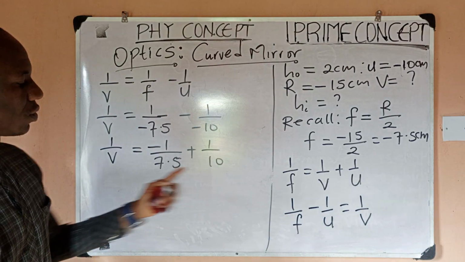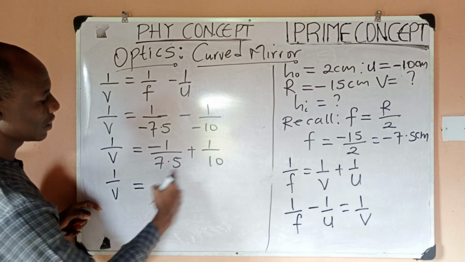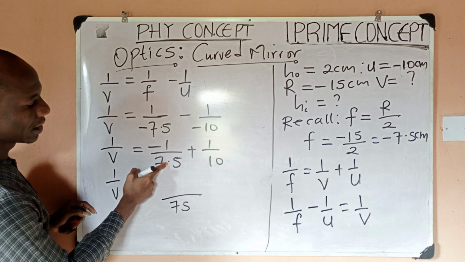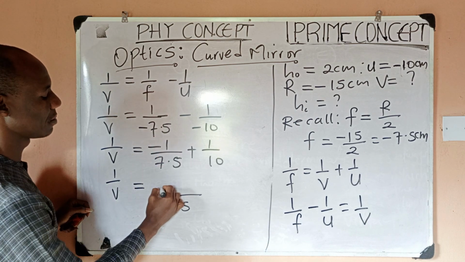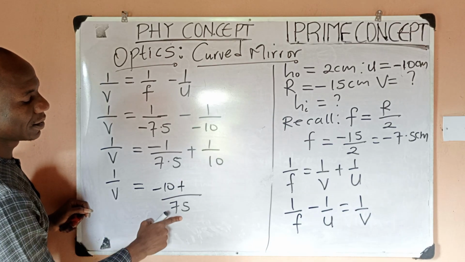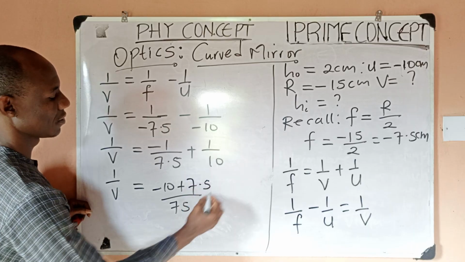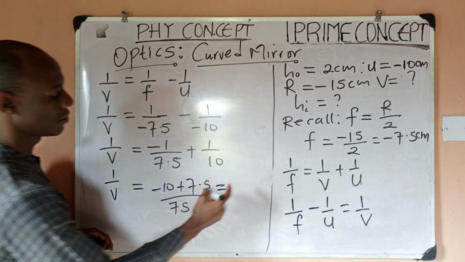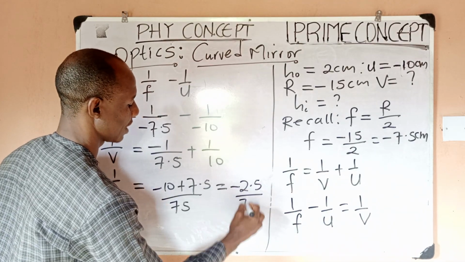Next, I want to multiply this out. The common denominator is 75. 10 times this is minus 10, plus 7.5 times 1 is plus 7.5. Adding up, minus 10 plus 7.5 gives minus 2.5 divided by 75.